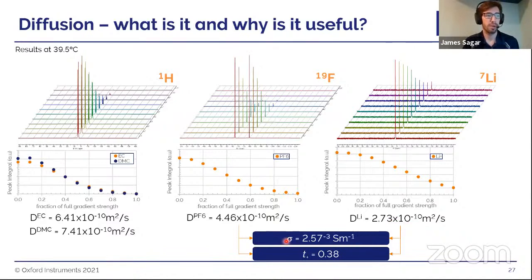And from these we can calculate the ionic conductivity of that electrolyte as well as the transference number. This is the cation transference number for a lithium electrolyte. We'd really want that to be as close to 1 as possible. Here you can see it's about 0.4, so not necessarily the best electrolyte that you would want in your final cell.